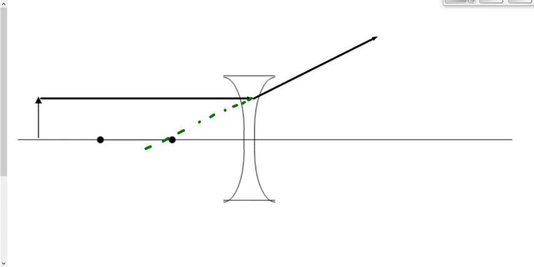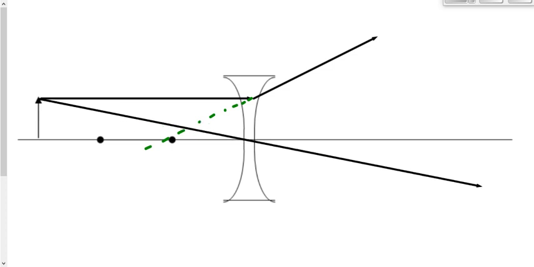The second ray is going to go down through the optical center just like it did for the converging lens, and it's going to keep going straight through just like it did for the converging lens. The image will be formed right here.